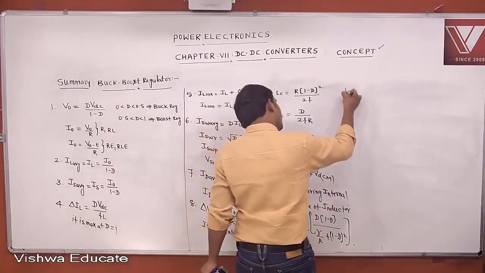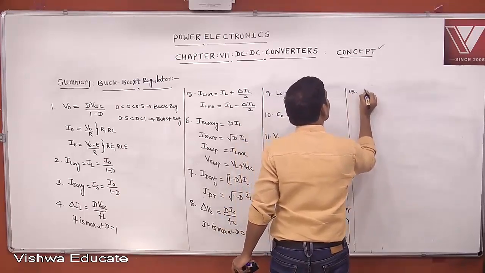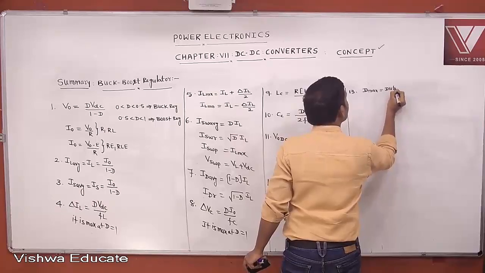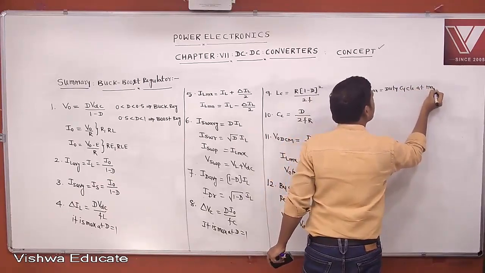Then by considering the internal resistance of the inductor, what is D max, that is, the duty cycle at maximum average output voltage?